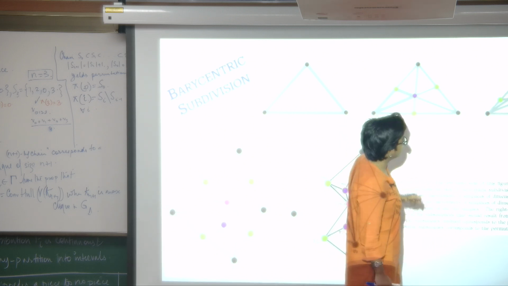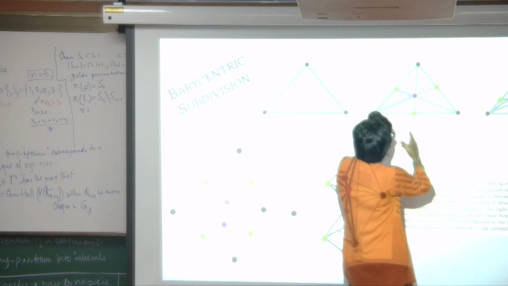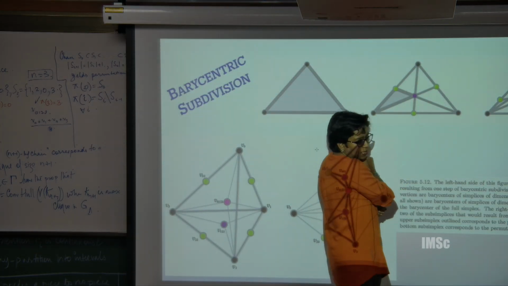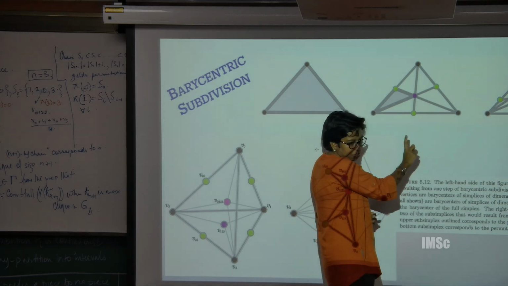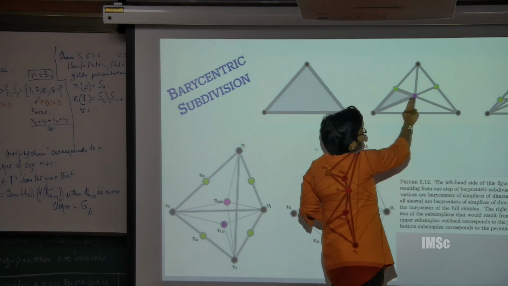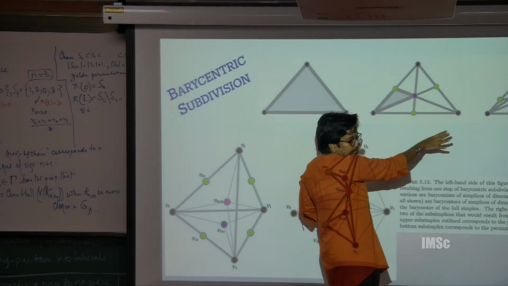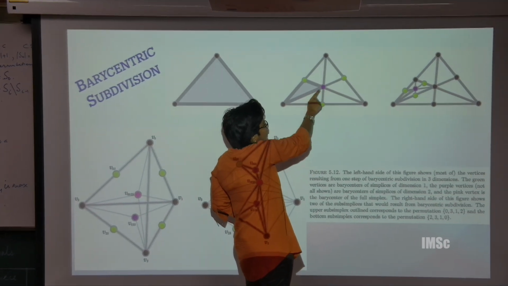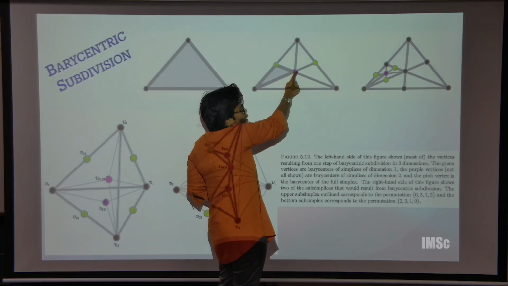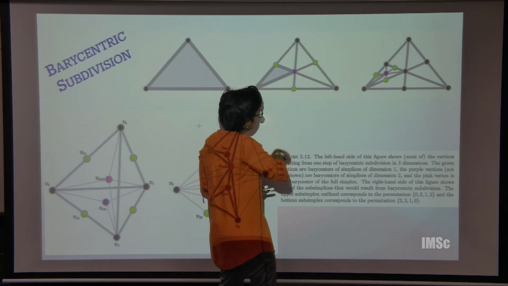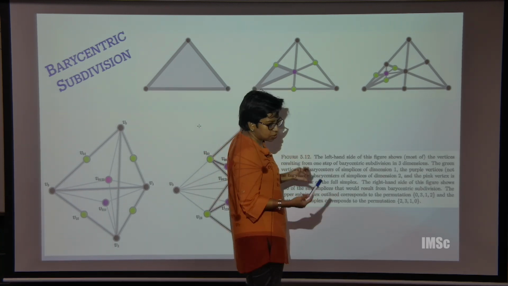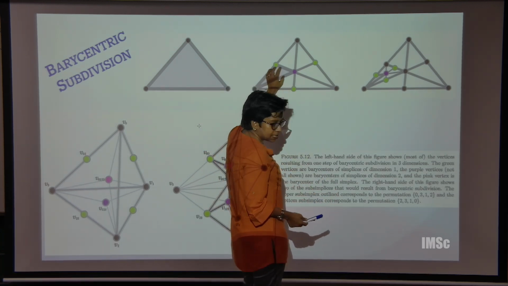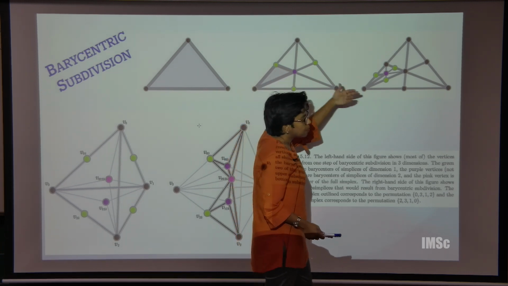Correct? Now if I join these points, they create a subdivision of the kind that we want. Any two pieces are either completely disjoint or they share a face; they intersect only at an edge or a vertex. So what is stopping us? We can further subdivide this triangle and create smaller triangles.